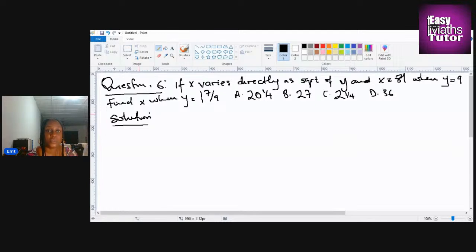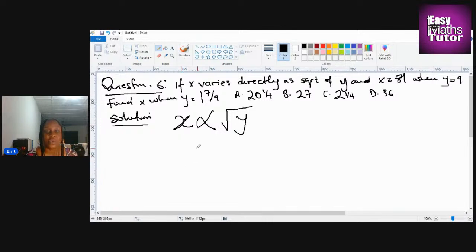So how do we do this? We are going to write out the variation expression. x varies directly as the square root of y. Okay?